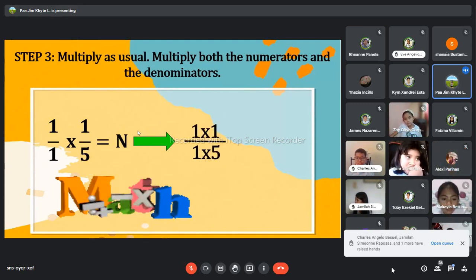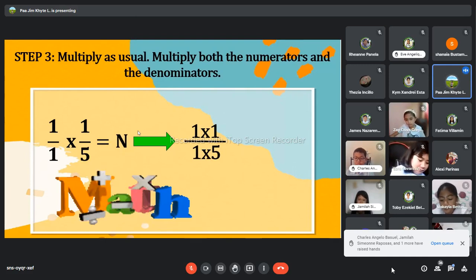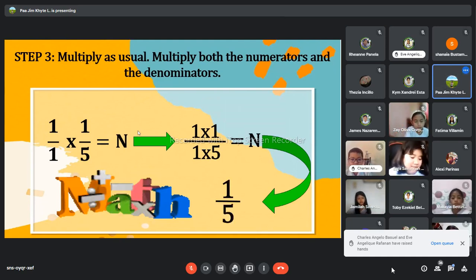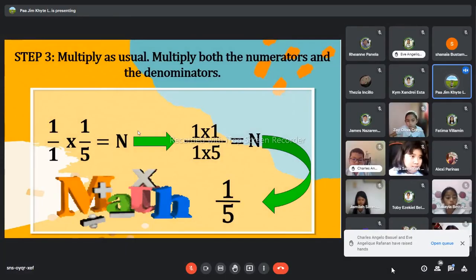1 times 1 over 1 times 5. Or we will just combine the numerators and the denominators. So 1 times 1 is equals to 1 and 1 times 5 is equals to 5.